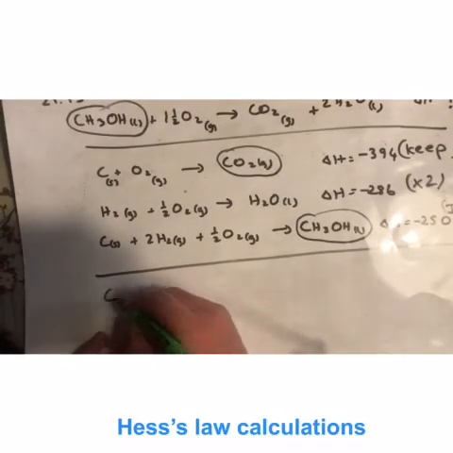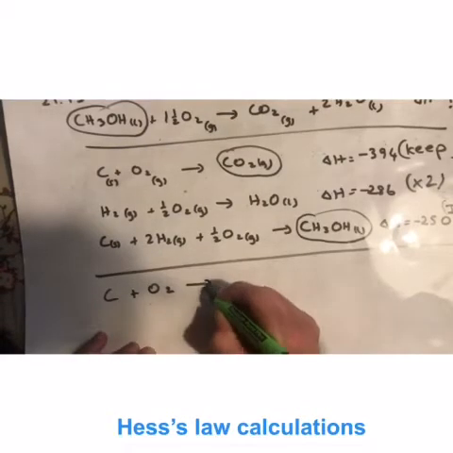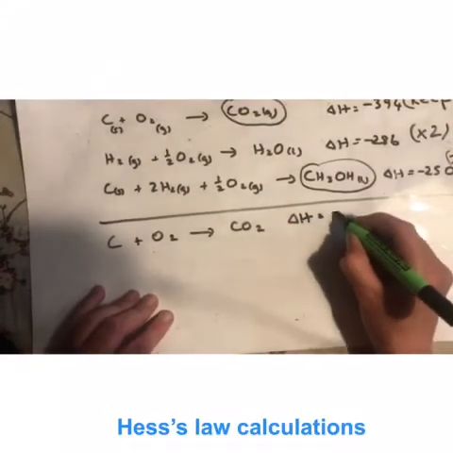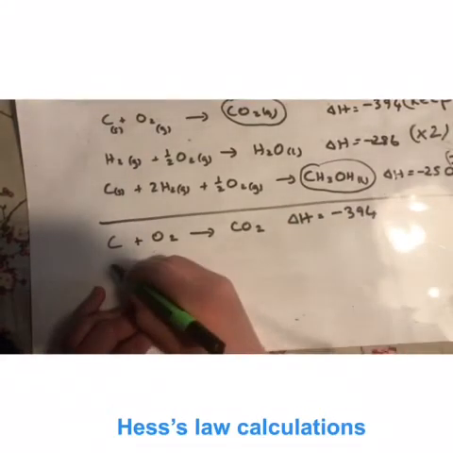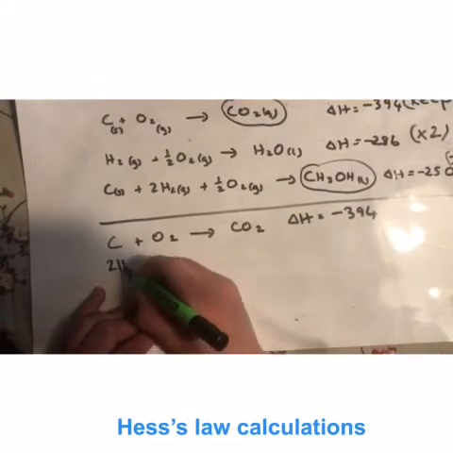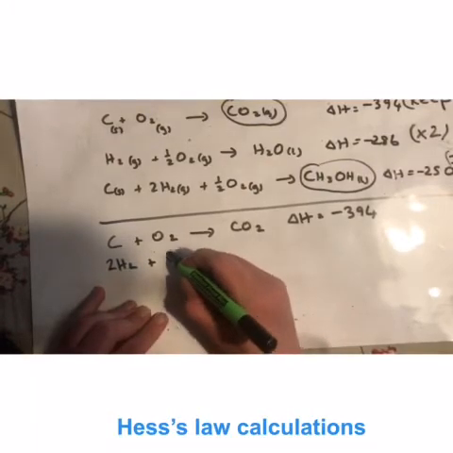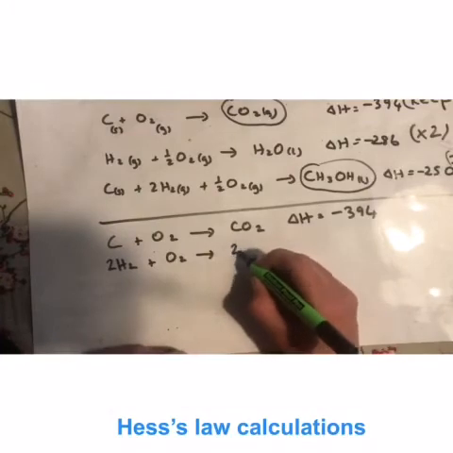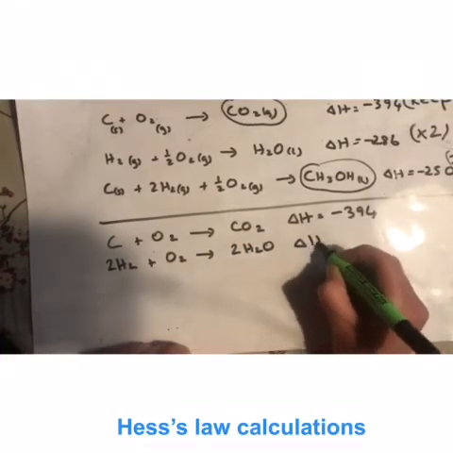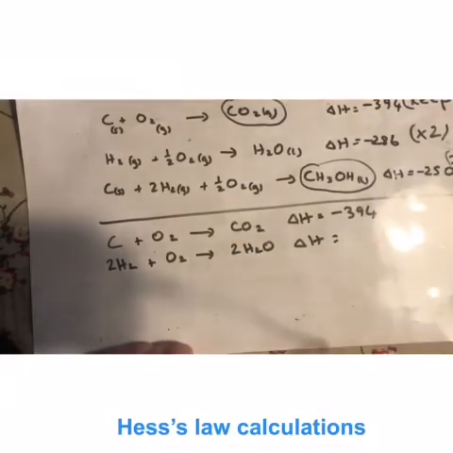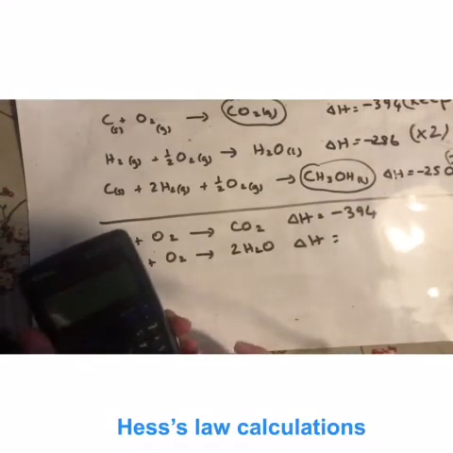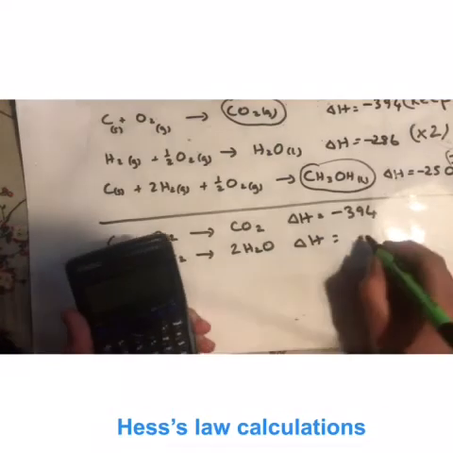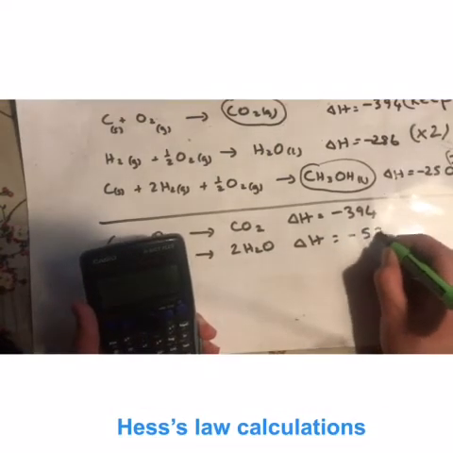So C plus O2 goes to CO2, so we're keeping that the same, so delta H is equal to minus 394. Next one we're going to multiply by 2, so it's 2 H2s plus O2, and 2 over 2 is obviously 1, 2 H2Os, so we have to multiply that delta H by 2. So it's 286 multiplied by 2, that is equal to minus 572.